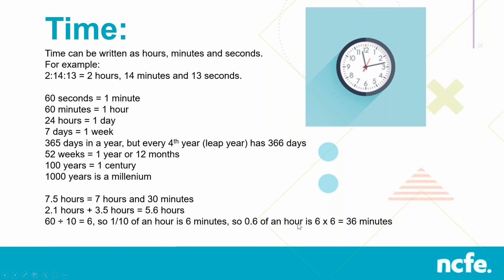So 0.6 of an hour is 6/10 of an hour. So 6 times 6 equals 36 minutes. So if you were calculating 2.1 hours plus 3.5 hours, and you needed to give the answer in hours and minutes, the answer would be 5 hours and 36 minutes.